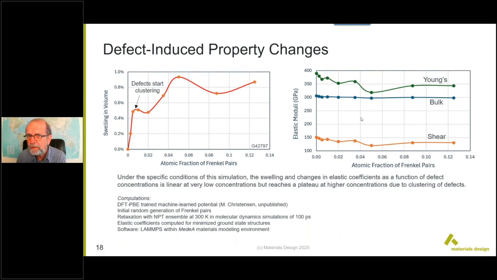In fact, the relaxation is done at room temperature, and at higher temperatures, the behavior may be quite different. So this is what you can do already with simulation. You get qualitative understanding of the structure of defects and quantitative data. How does a defect translate into changes in material properties?